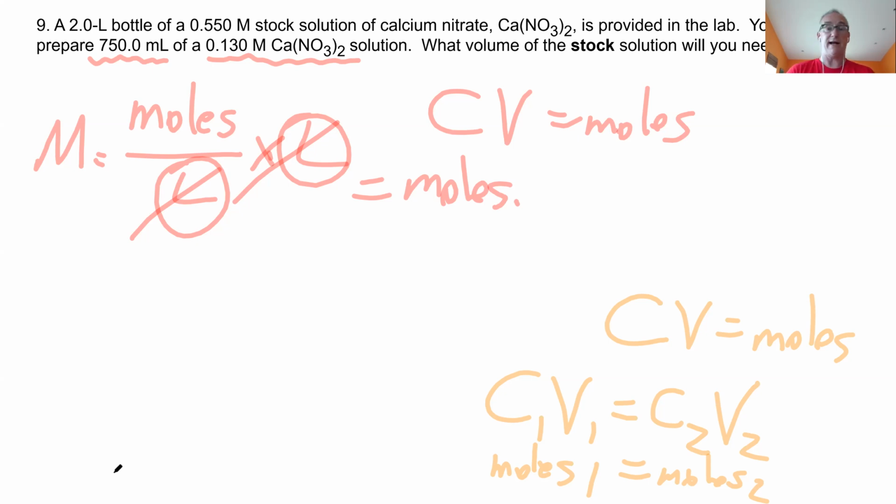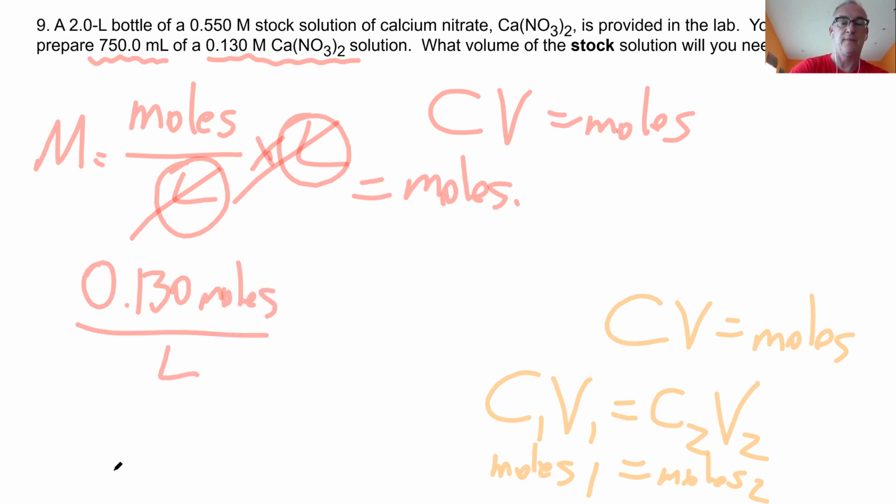Let's just start writing it out. Maybe that will help. So my concentration is 0.130 moles per liter. And I'm going to multiply that by the volume. Now, what's my volume? That's the key. What's the volume of the dilute solution, of the 0.130 molar solution?